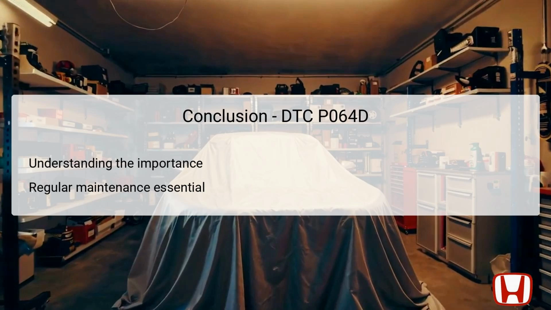The systematic troubleshooting steps, such as powering down the system and observing for DTC recurrence, are essential diagnostics to isolate the issue. Preventive maintenance, including regular checks and updates, can mitigate the risks associated with similar DTCs in the future. Ultimately, timely diagnostics and repairs ensure the vehicle runs smoothly, efficiently, and in compliance with environmental regulations.